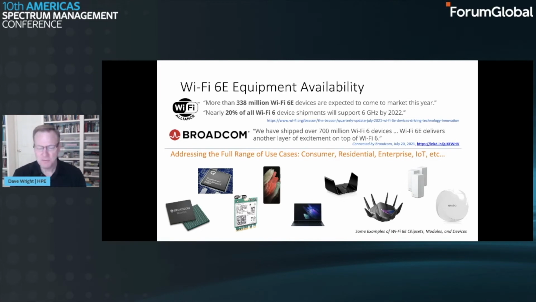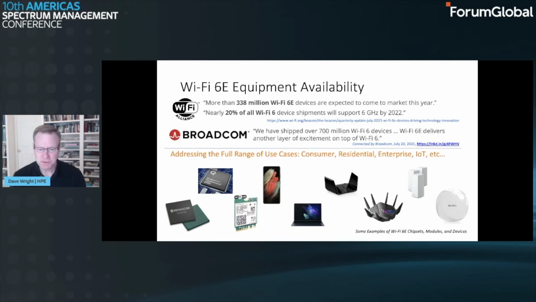You've got mobile devices from Samsung, and laptops and notebook form factors from various manufacturers. Consumer grade access points: I think we've got Netgear and Asus represented here on the screen, but there's a variety of other OEMs who've come out now with some consumer-oriented residential access points.